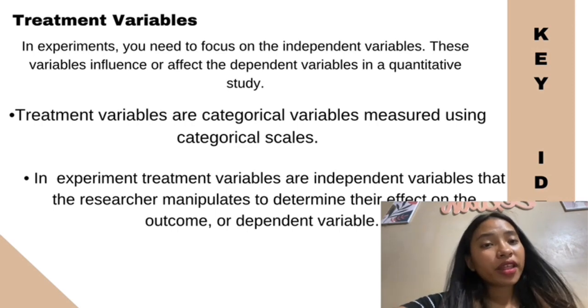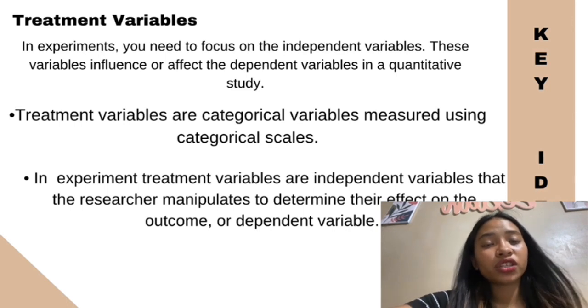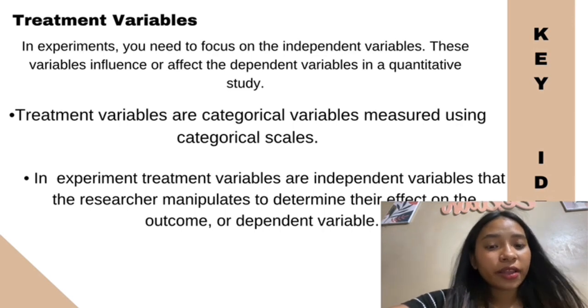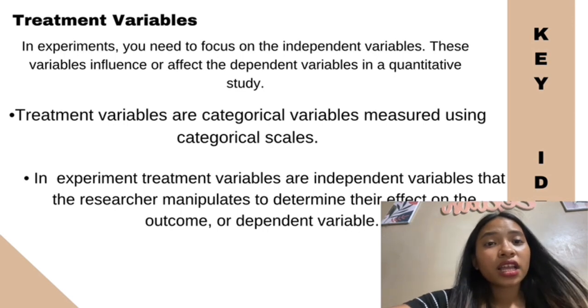In experimenting, you need to focus on the independent variable because it is the one that affects the dependent variable or the outcome. Treatment variables are the variables that the researcher manipulates to determine their effect on the dependent variable or the outcome.